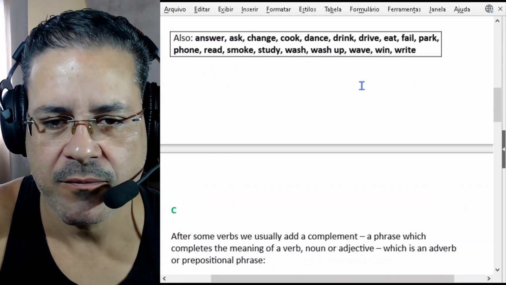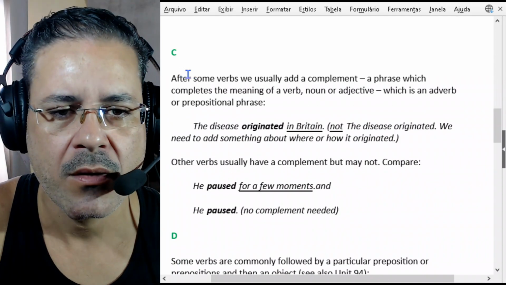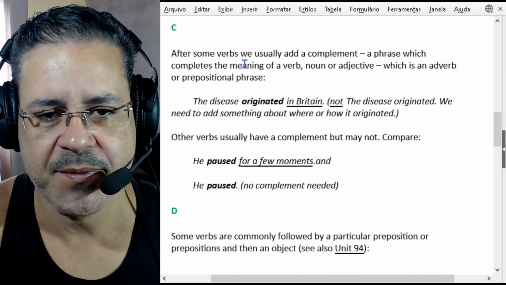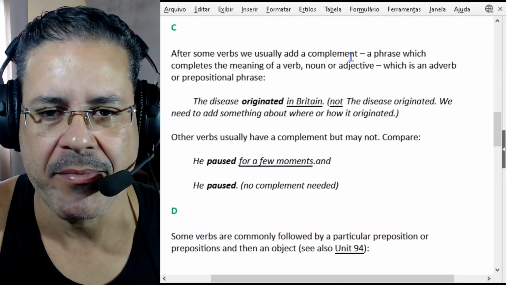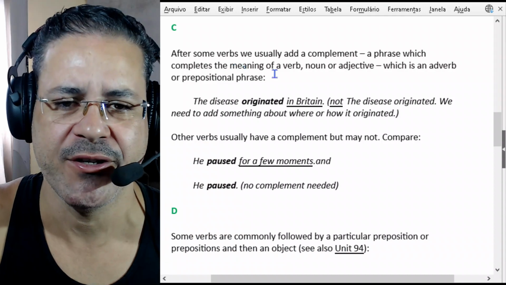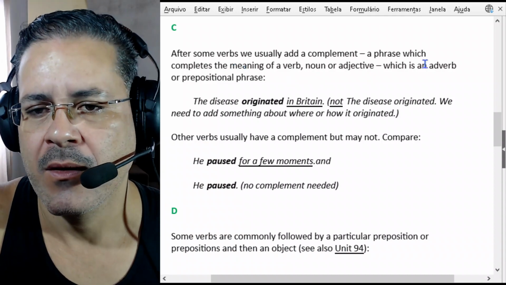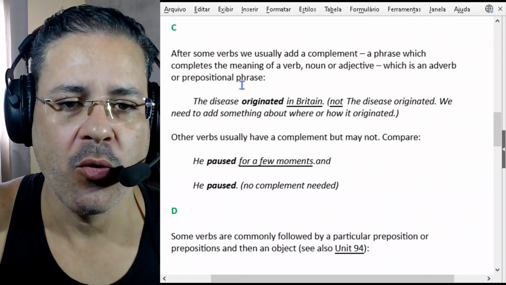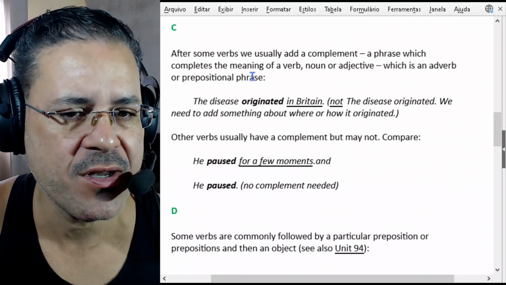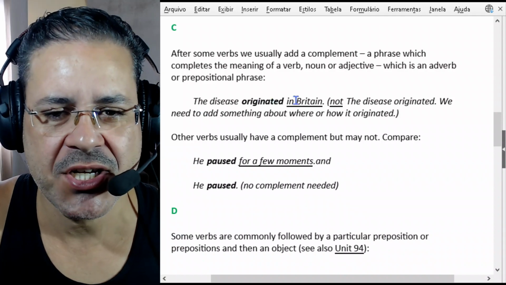Okay, moving on. This is section C. After some verbs, we usually add a complement, a phrase which completes the meaning of a verb, noun or adjective, with an adverb or prepositional phrase. For example, the disease originated in Britain.